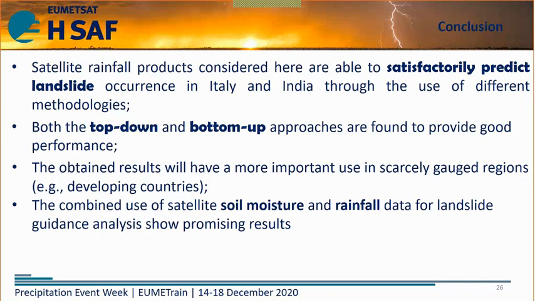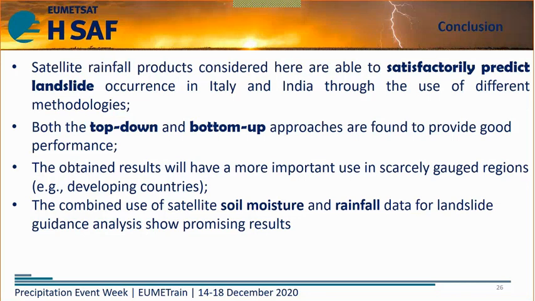Both the top-down and bottom-up approaches are found to provide good performance in terms of prediction and forecast of landslides. We have seen how satellite rainfall product outperforms, for instance, gauge data over India. And we have also seen the added value of the integration between the two different approaches.